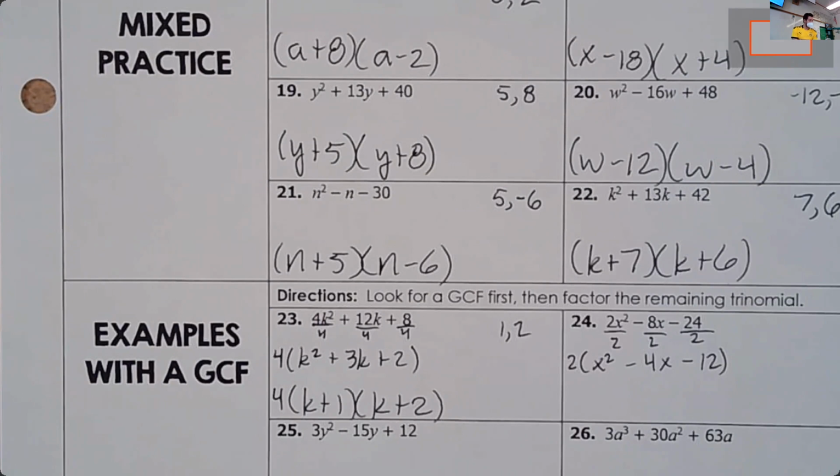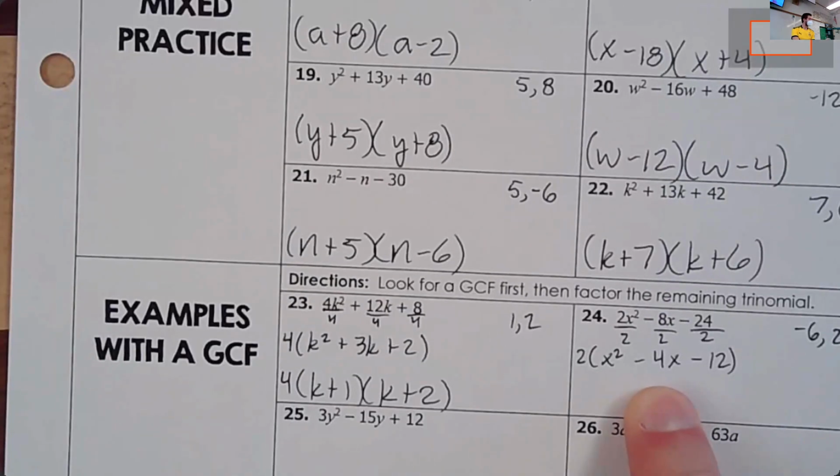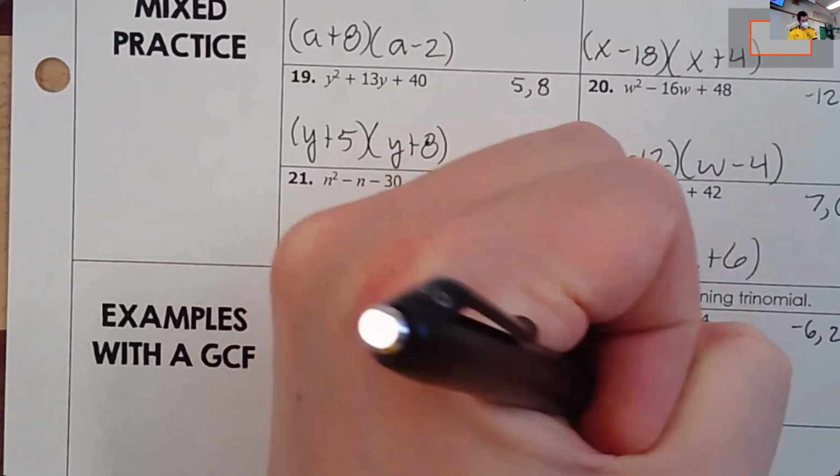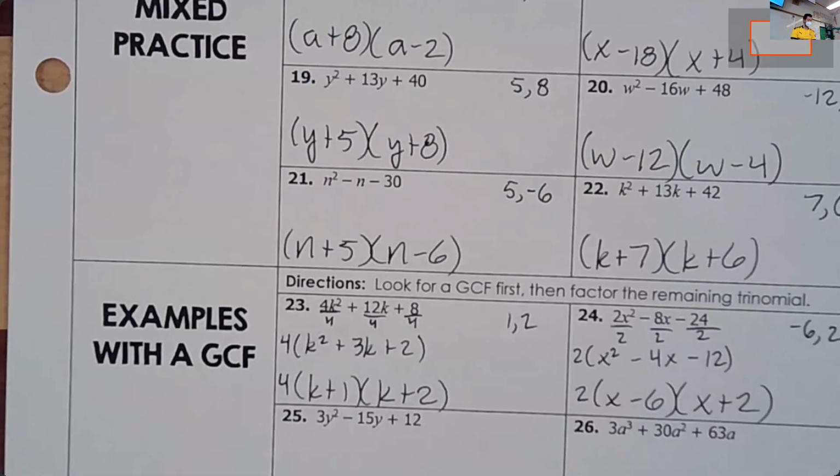That was set 3, so we need a positive and a negative factor, and they have to add to equal -4. The greater of the 2 numbers is the negative one. So again, just start with 2 numbers that multiply to equal 12. 6 and 2. All right, so 6 and 2. If the greater of those ends up being negative, does that add to equal -4? Yeah, that's it then. So 2 times x minus 6 times x plus 2. Cool.